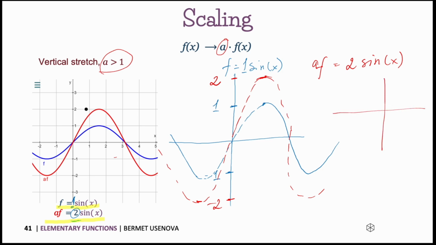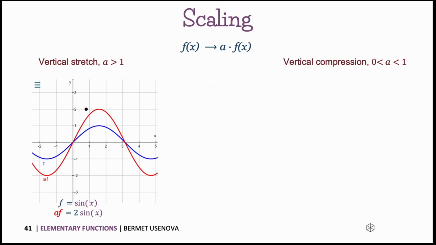If some of you don't remember, this is a vertical line and this is a horizontal line. And that's why it's called vertical stretch. We stretch it vertically based on the coefficient in front of the function. And what happens if a is smaller than 1, in the interval from 0 to 1? It means that obviously it will be some fraction.